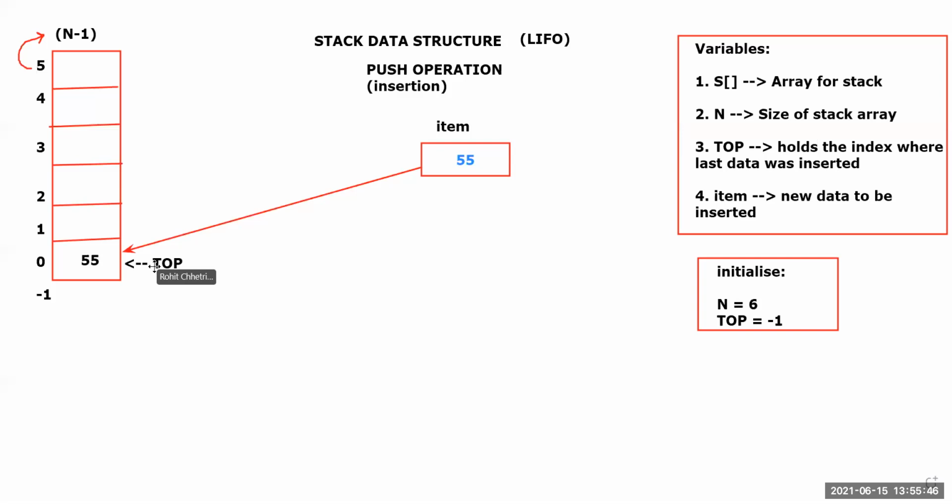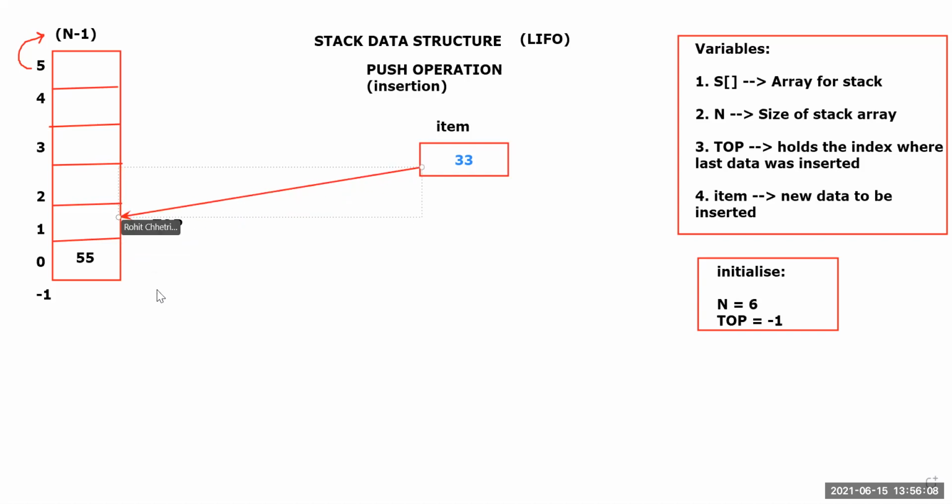After that, again, if I want to insert another data, let's say this time my request is for inserting, let's say 40 or 33. Then first I will increase my top. Okay. And then I will copy my item over here. So this mechanism I've already explained in the last video. So what are we doing?